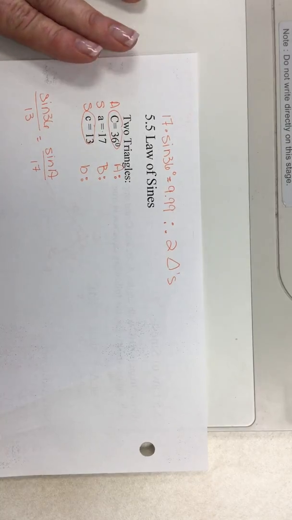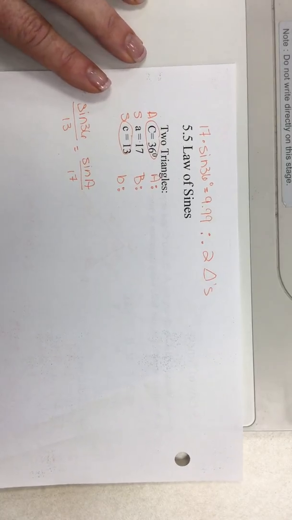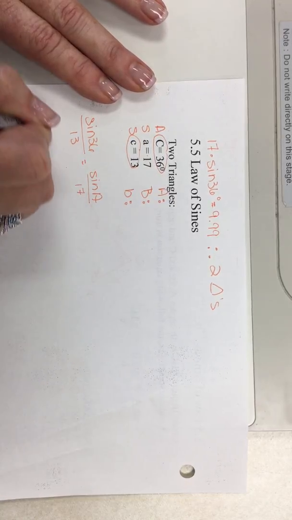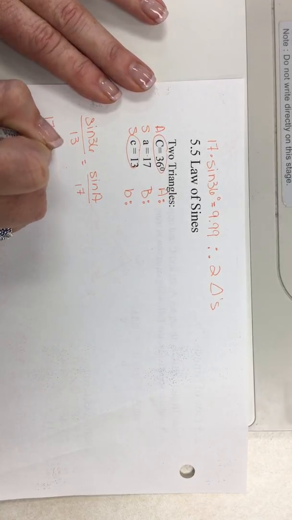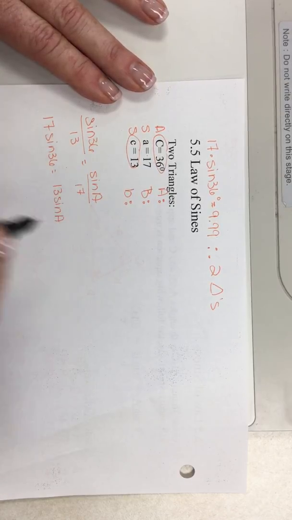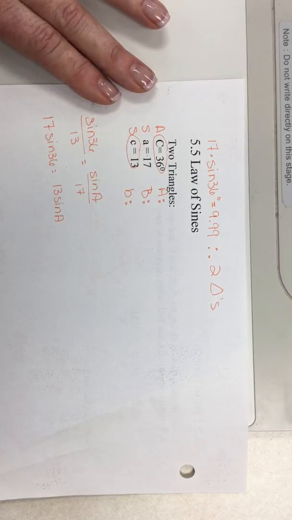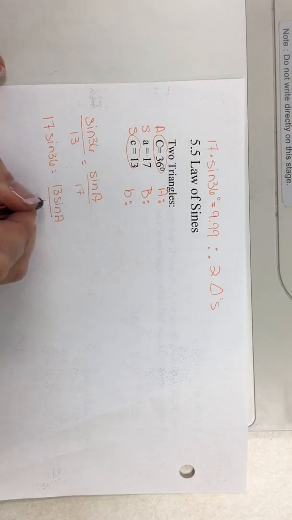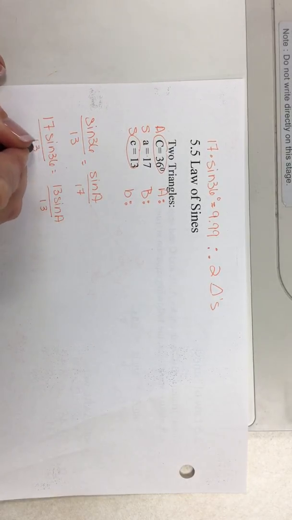And then, using cross multiplication, 17 times the sine of 36 equals 13 times the sine of A. I want A, so I'm going to divide both sides by 13.